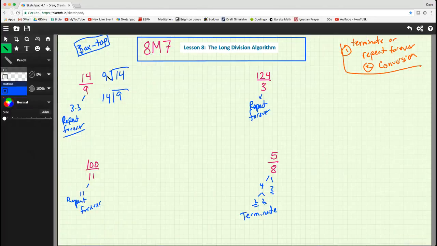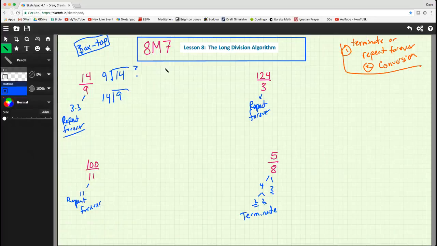Kids get this confused all the time. The answer is box top. The top goes in the box. If you think of this symbol here, it's kind of the box. So it looks like that.